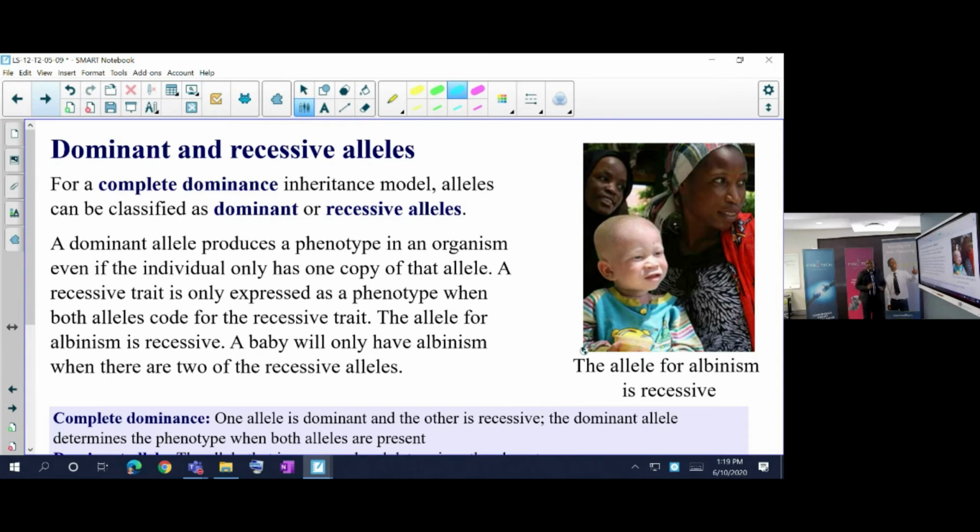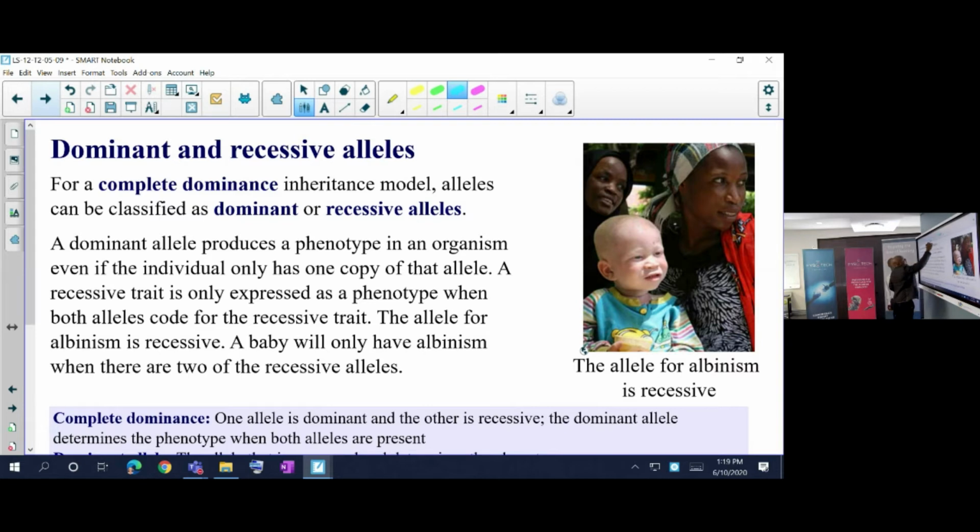Are we following? That's why we come to 2 terms, dominant and recessive. One of my alleles can be dominant, the other one can be recessive. Who can tell me who between the dominant and the recessive will be expressed? That's what we should look at.